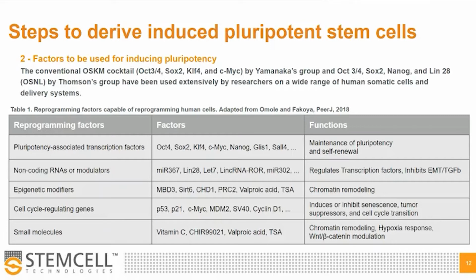The reprogramming of somatic cells into iPSCs is characterized by epigenetic changes, from DNA methylation to histone modifications. For example, histone deacetylase or HDAC inhibitors such as SAHA and valproic acid enhance reprogramming efficiency in MEFs. Valproic acid also promotes somatic cell reprogramming with OCT4 and SOX2 alone.